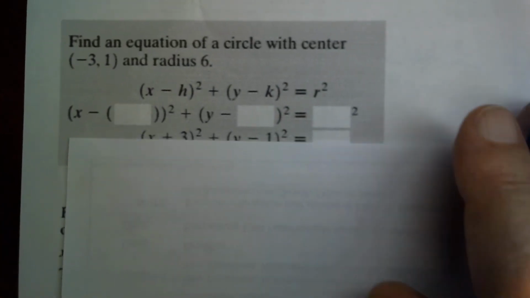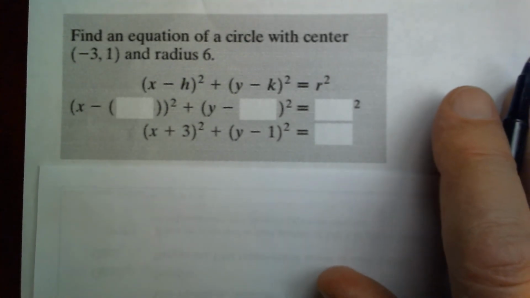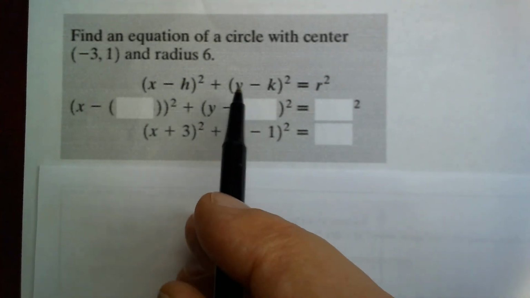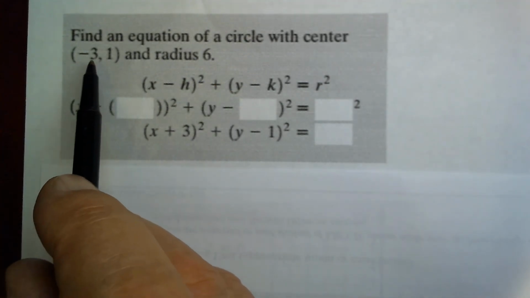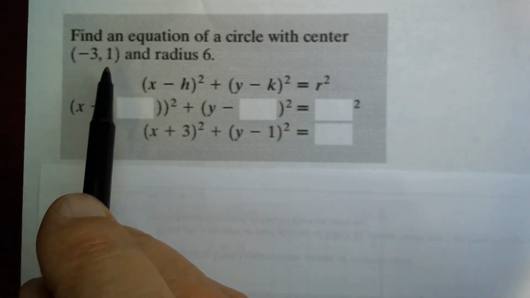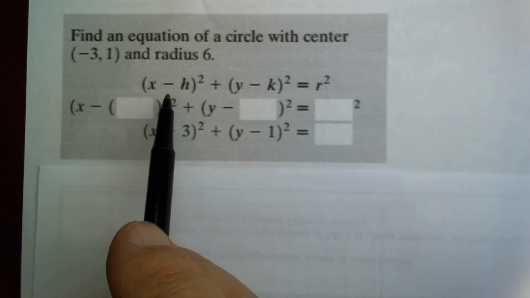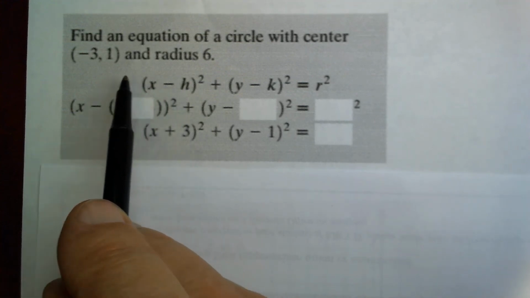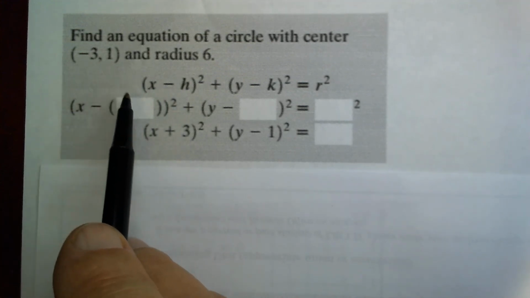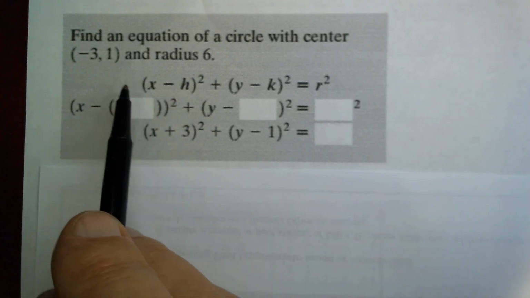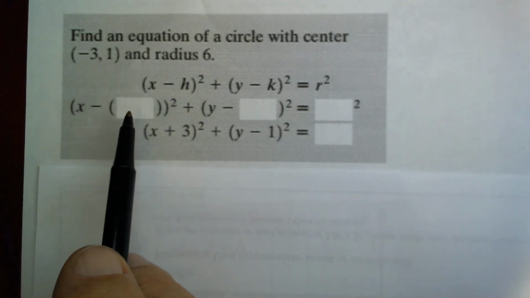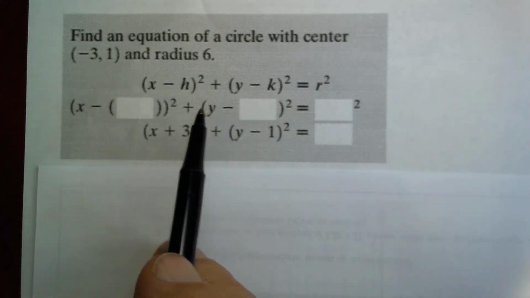The next exercise is a guided solution for finding the equation of a circle where we are given that the center is at minus 3 comma 1 and has a radius of 6. So we substitute the numbers for h and k. So h equals -3 and k equals 1.